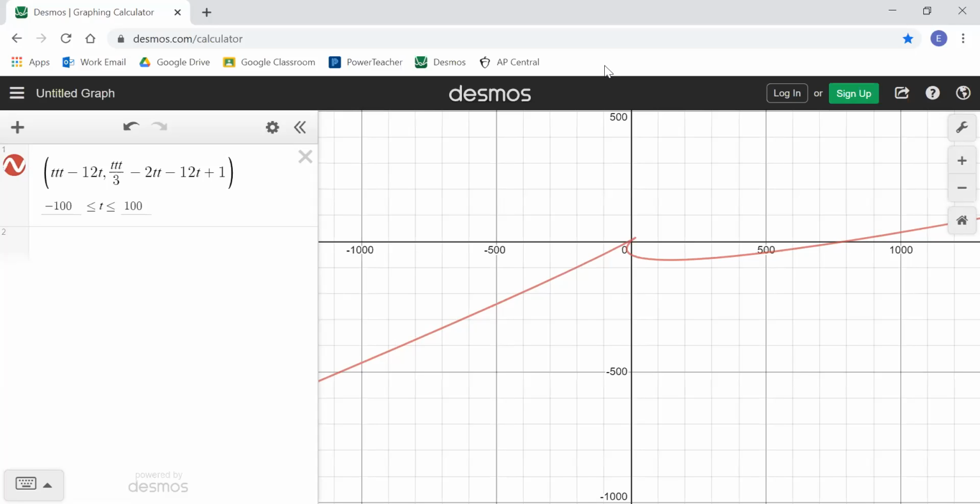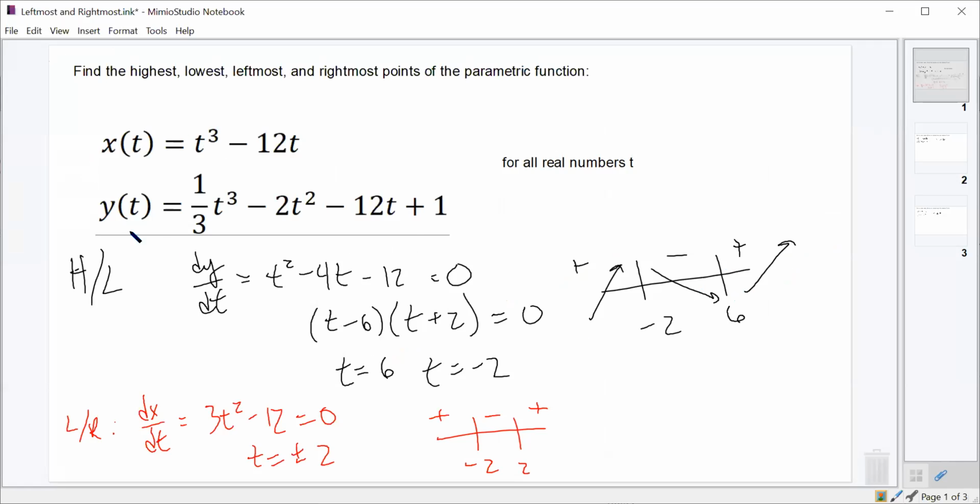We can tell that it doesn't have any absolutes because these don't have any asymptotes. So this is increasing forever and decreasing forever and moving to the right forever here. And if I was going to negative infinity, it's going to the left forever. The values are getting smaller. Does that make sense?